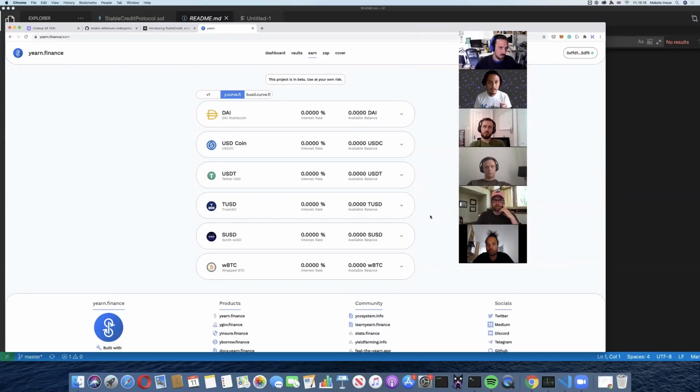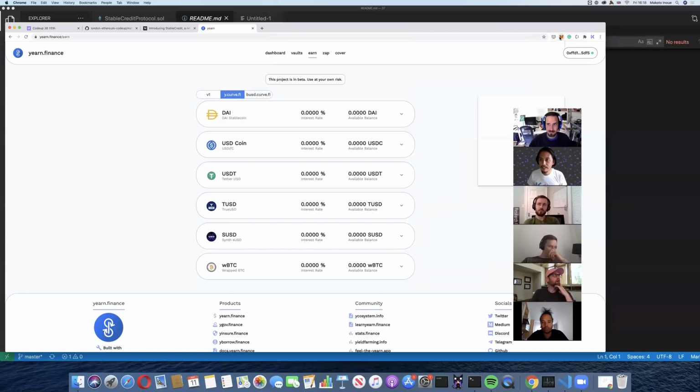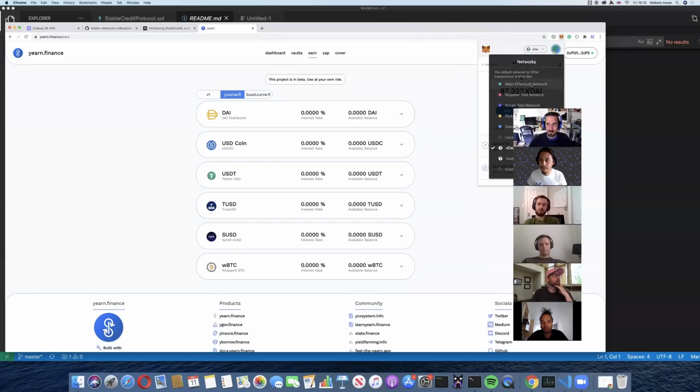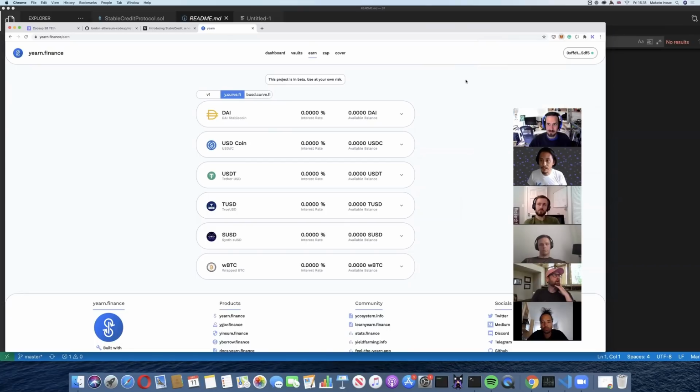Is that why it's not showing live data? Possibly. Yeah, so it shows like 10% interest based on things.